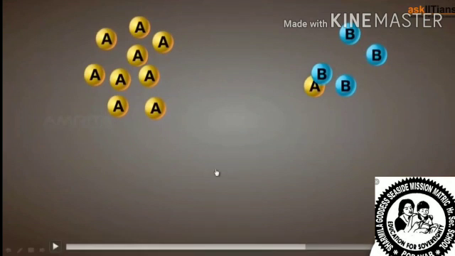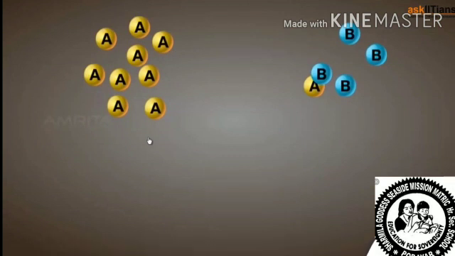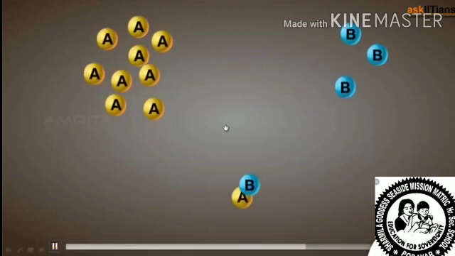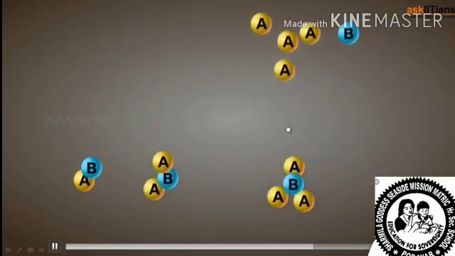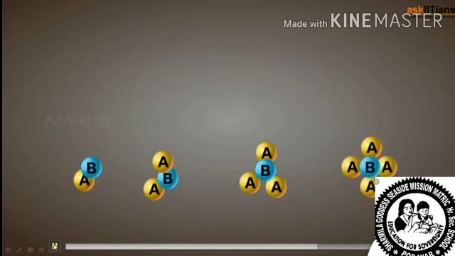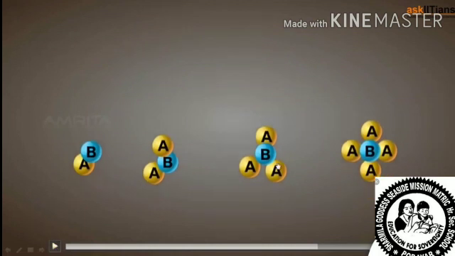Here, what this law says is that if two elements combine and form more than one compound, then the ratios of the masses of one element that combine with a fixed mass of the other element will be in a simple ratio to each other. Here, 1 atom of A combines with 1 atom of B, 2 atoms of A combine with 1 atom of B, 3 atoms of A, and 4 atoms of A combine with 1 atom of B. So, in all these 4 we have only 1 atom of B. That means a fixed amount of B is present, but A is varying.